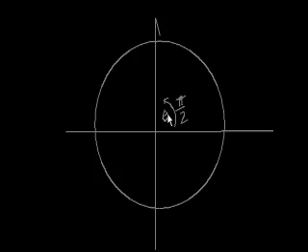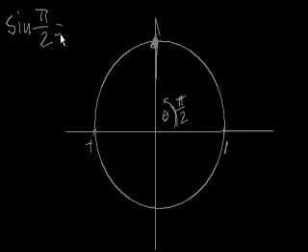Theta equals pi over 2. Well, pi over 2 is right here. It's a 90-degree angle if you wanted to use degrees. And now we just figure out where it intersects the unit circle, which has a radius of 1. So sine of pi over 2 equals the y-coordinate where it intersects the unit circle. So that's just 1. What's cosine of pi over 2? It's just the x-coordinate where you intersect the unit circle, and the x-coordinate here is 0.